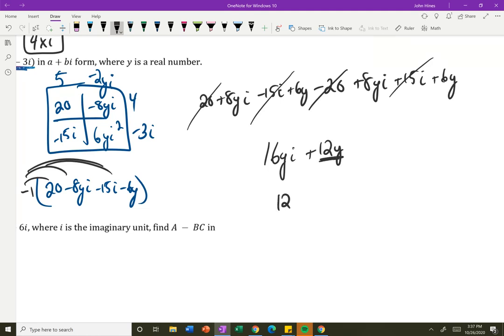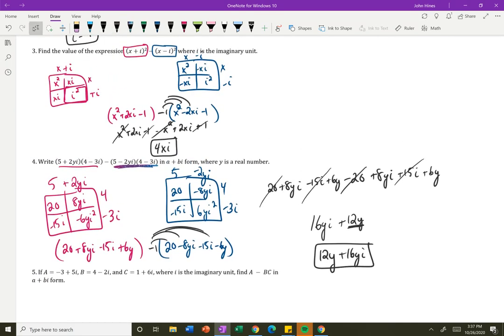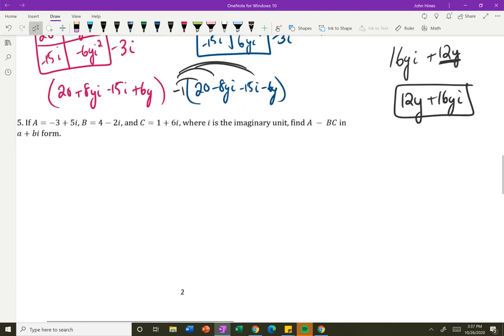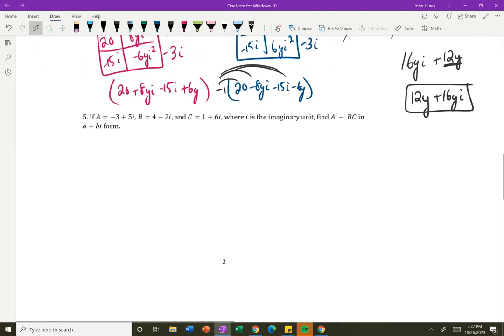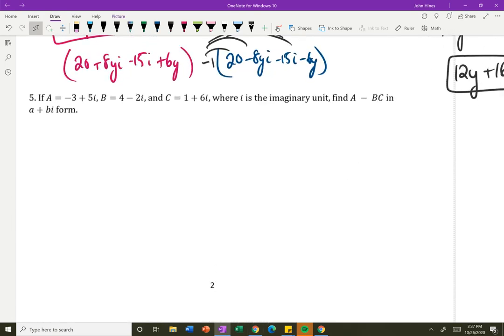This guy's real because there's no i attached to him, plus 16yi. That is a mess of a problem there. But notice it has the same structure as the one before it. Make a box, subtract. That's a really common structure New York State uses on Regents exams. So 12y plus 16yi. Number 5 here.